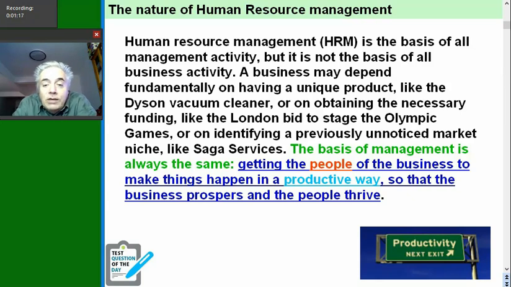So these are three examples. The basis of management is always the same: getting the people of the business to make things happen in a productive way so that the business prospers and the people thrive.